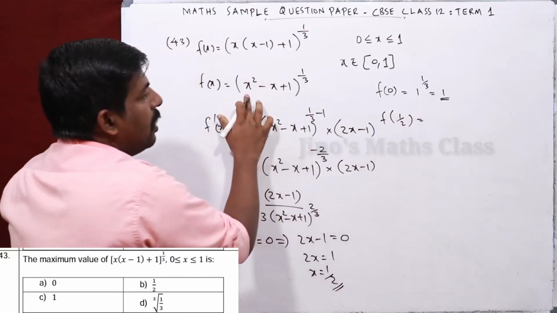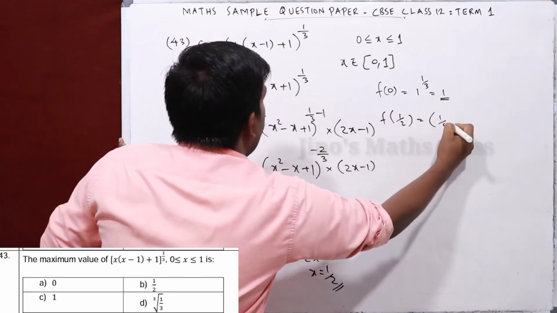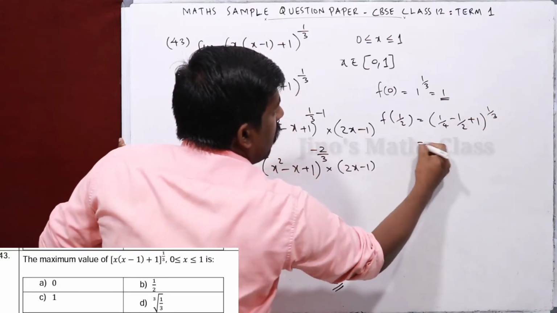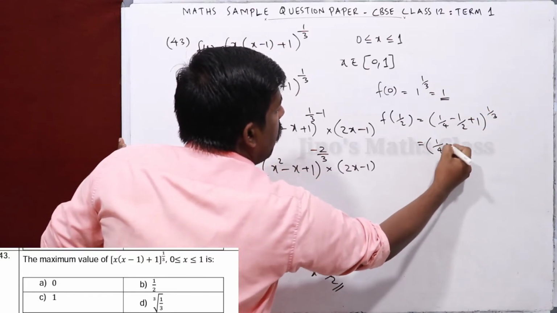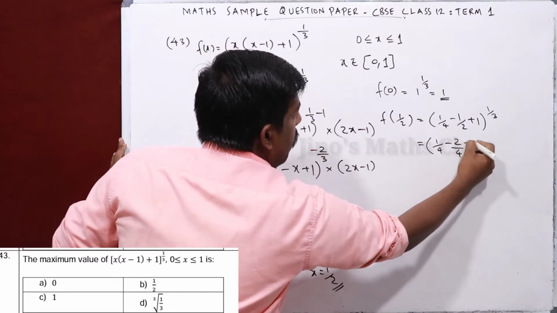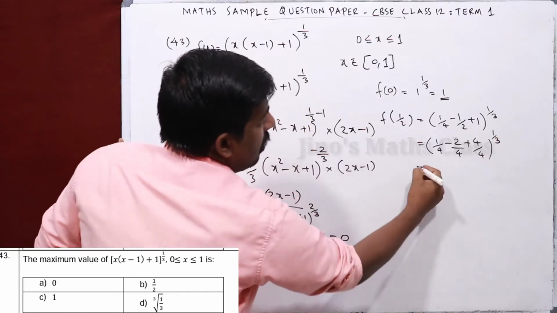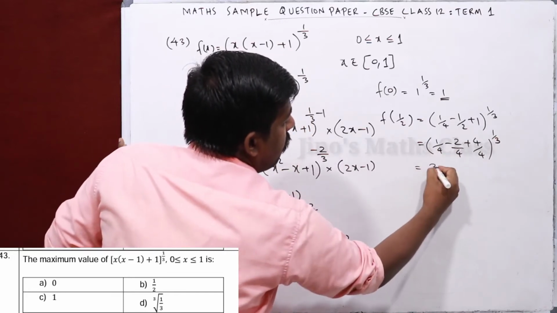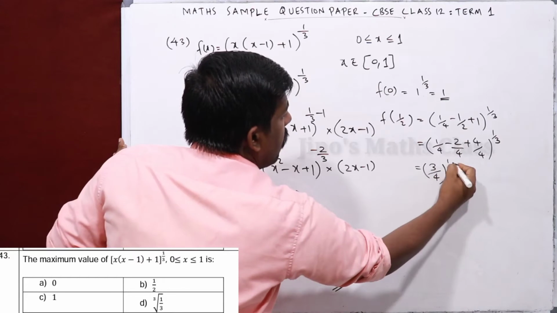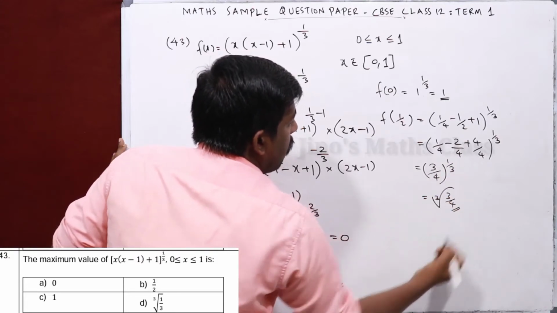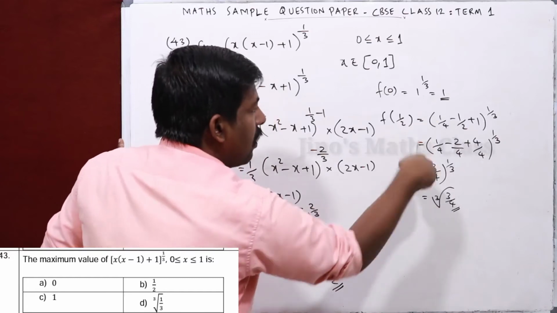If we substitute here, we will get 1 by 4 minus 1 by 2 plus 1 to the power 1 by 3, that is equal to 1 by 4 minus 2 by 4 plus 4 by 4. Here the LCM is 4, that's why I did it like this. When we simplify, we will get 3 by 4 to the power 1 by 3, or the cube root of 3 by 4. Anyway, it is less than 1 only.